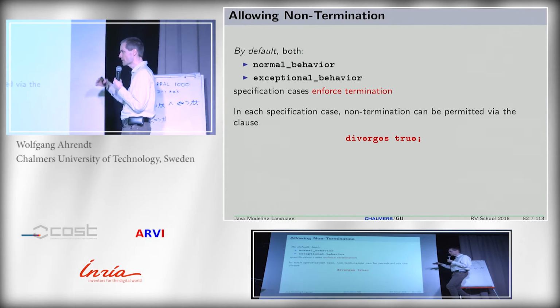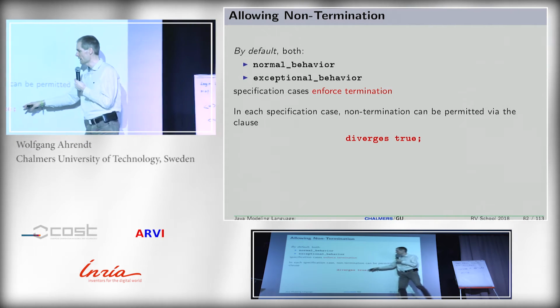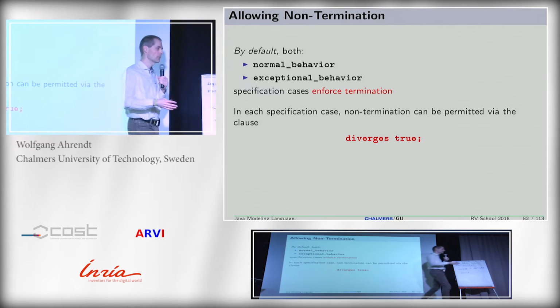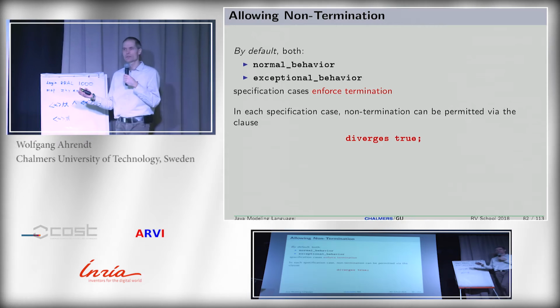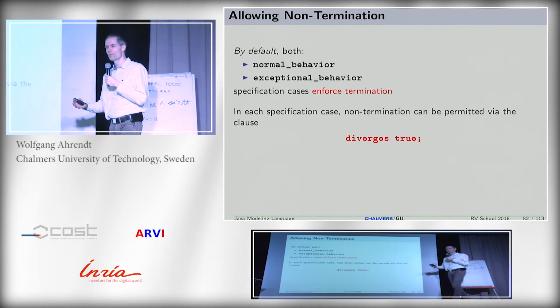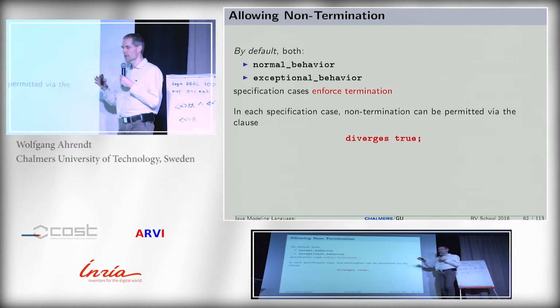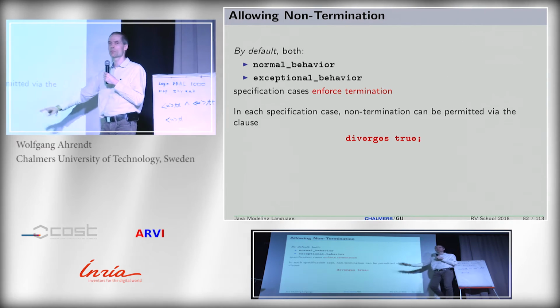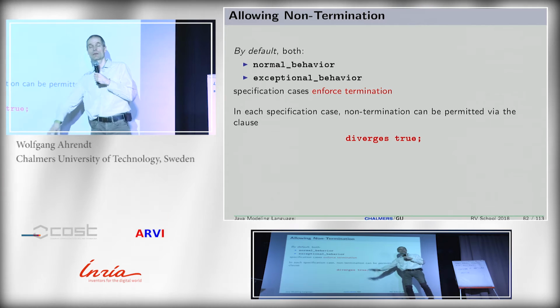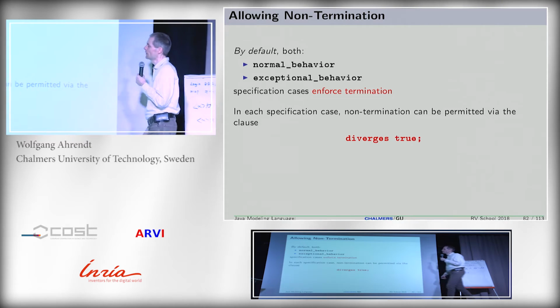To specific specification cases, you can add this here, diverge is true. And that means in this specification case, I allow non-termination. For instance, you could say, okay, this is a square root algorithm, and there's a front end at the GUI side which makes sure that negative numbers never reach the call.